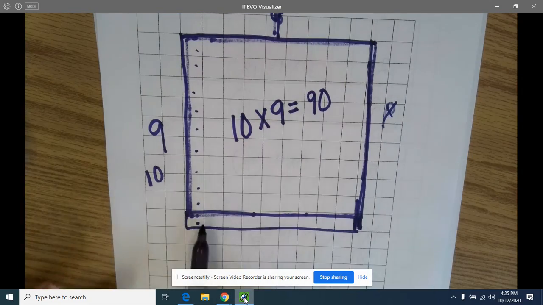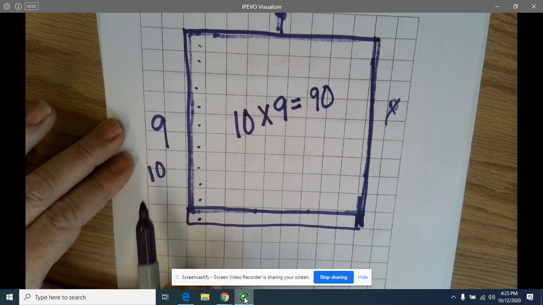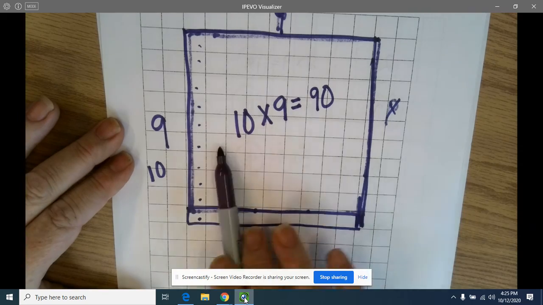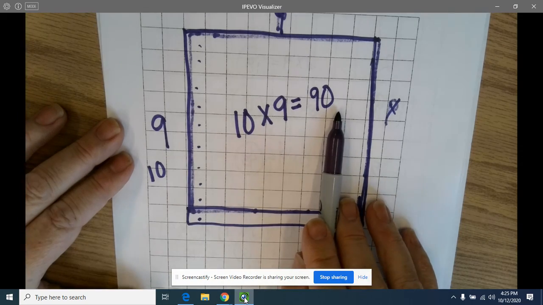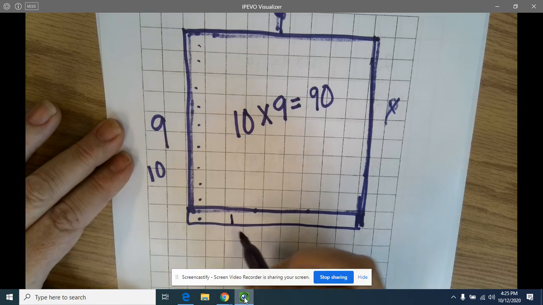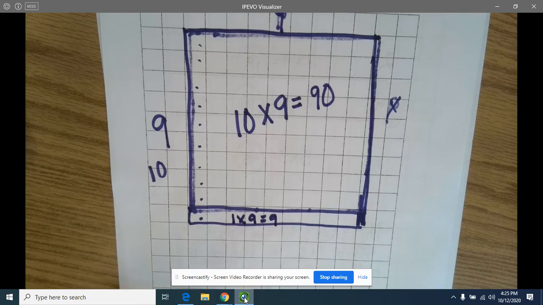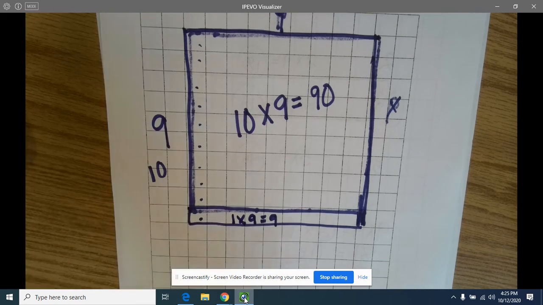But wait, is this last row really here? It isn't. We just used the 10 to make a very comfortable equation. So we have one row of 9, which is 9, that really isn't here. So we need to get rid of it.